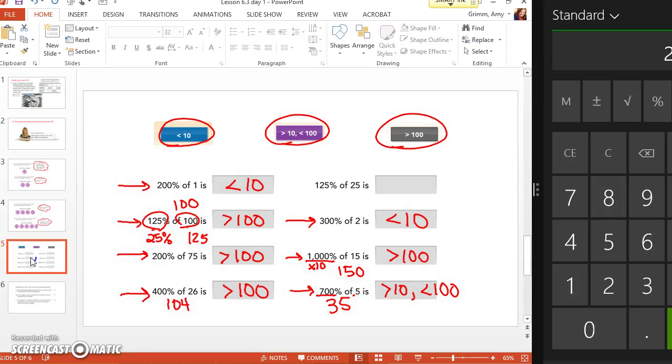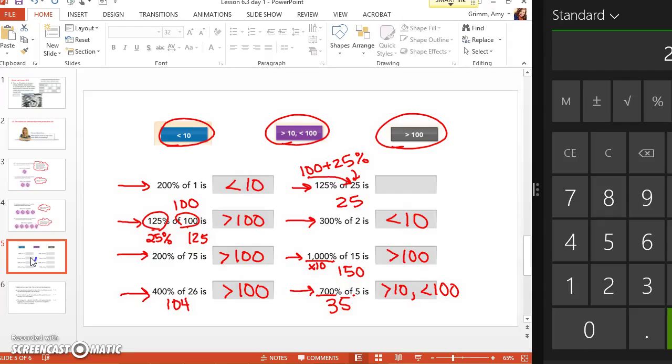Okay, now let's look at this one. So I can break 125 down into 100 plus 25. Okay, so what is 100% of 25? 25. And now I need to do 25% of 25. How would I figure out 25% of 25?